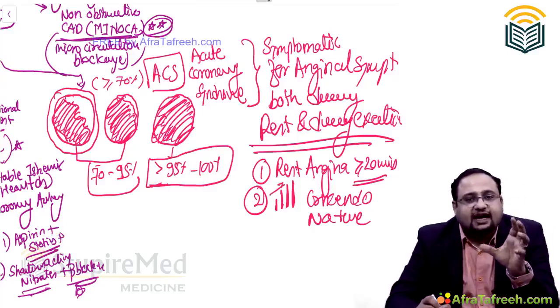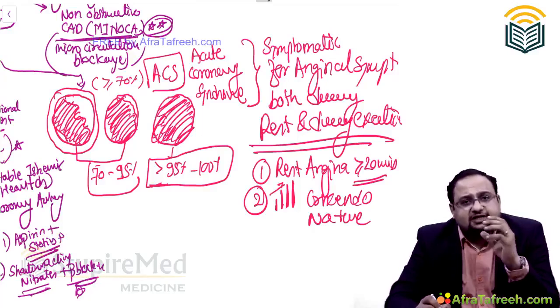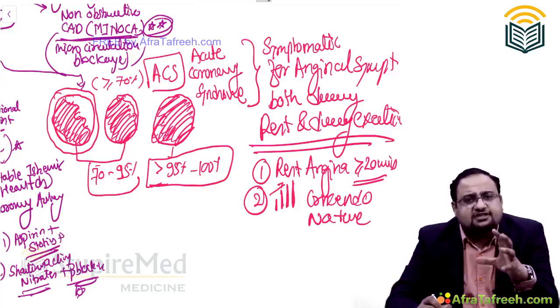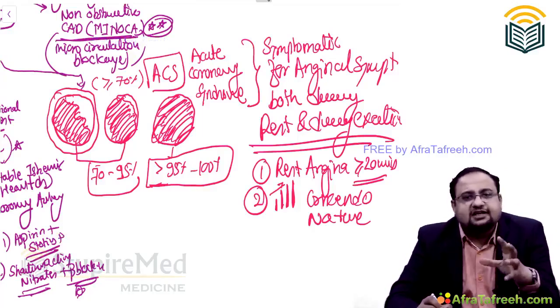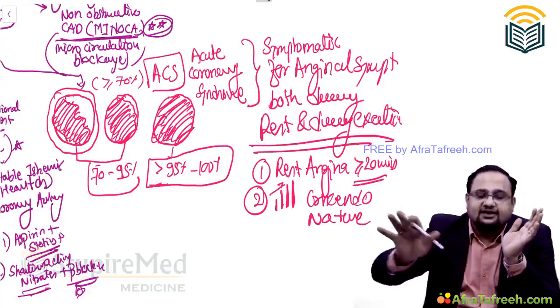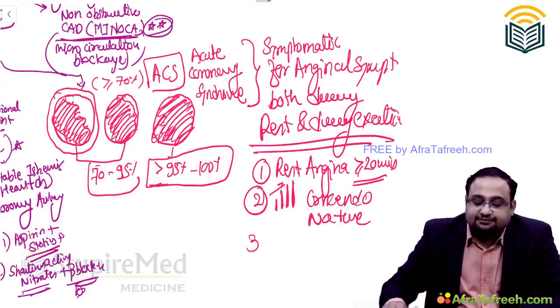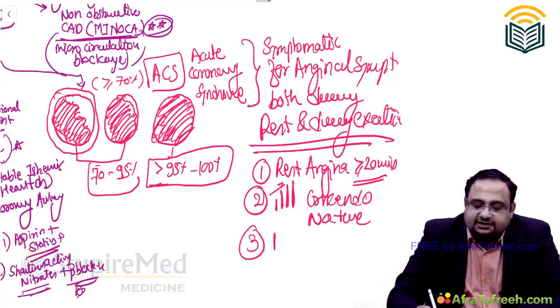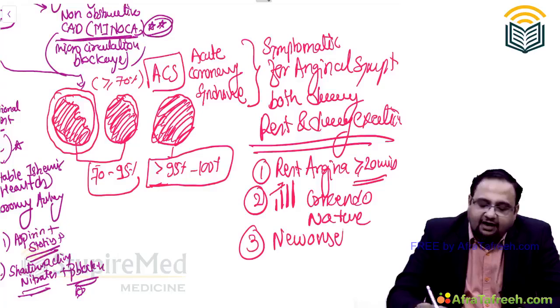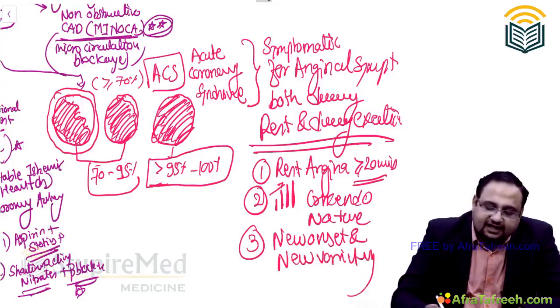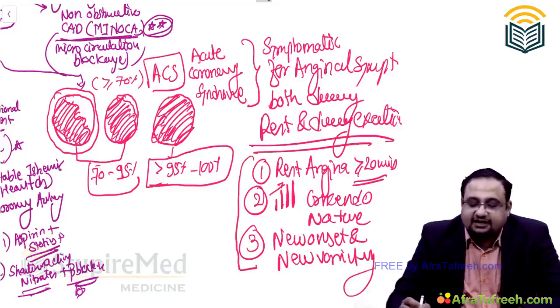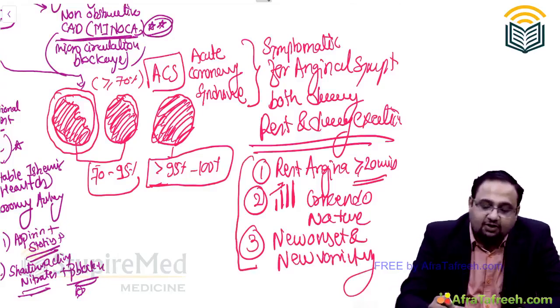At 7 a.m. you started to have chest pain, at 8 it is again worsening, at 10 again worsening, at 12 again worsening. So an increasing trend, increasing severity, is known as crescendo in nature. And of new onset, a new variety. If all these three things are matched, they are labeled as acute coronary syndrome. Mark my words, acute coronary syndrome.